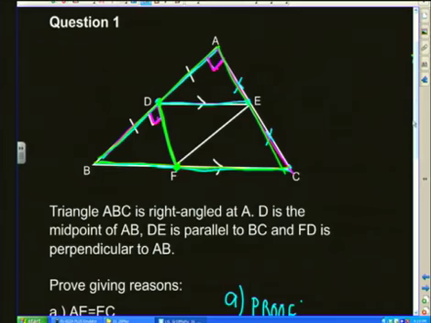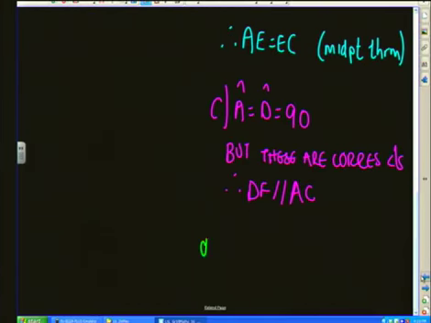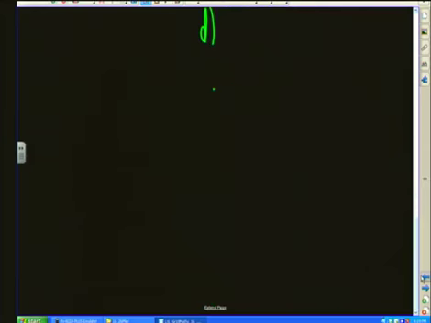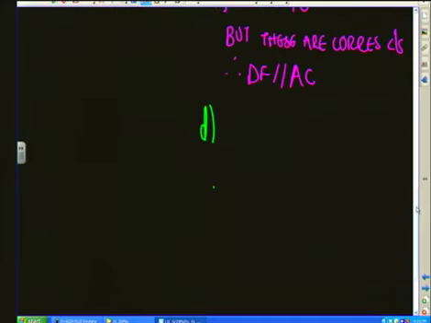So let's write this down. Okay, so we know this is part D. We know that D is the midpoint of AB. That was given to us.